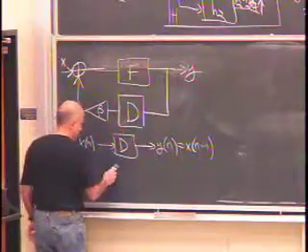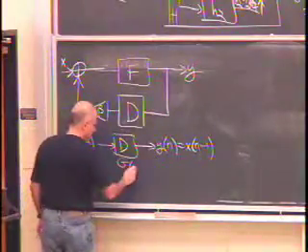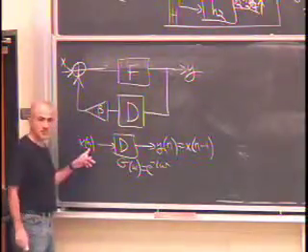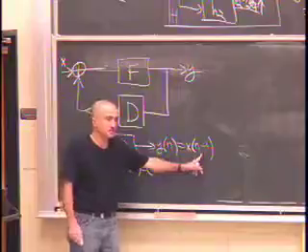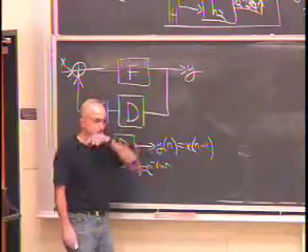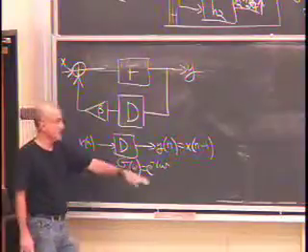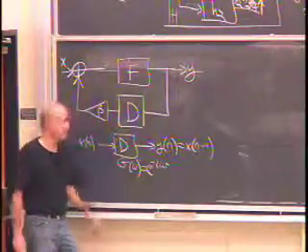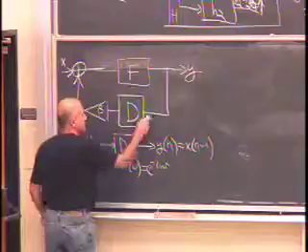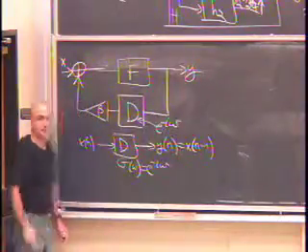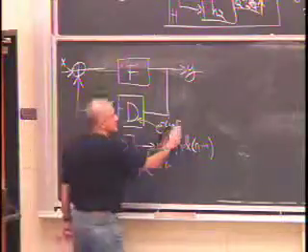So this system, G of omega, is e to the negative i omega. Plug in x of n equals e to the i omega n and see what comes out. That's how you go from difference equations to the frequency response. For every delay, you have an e to the minus i omega. So there's an e to the minus i omega here. That's my G.